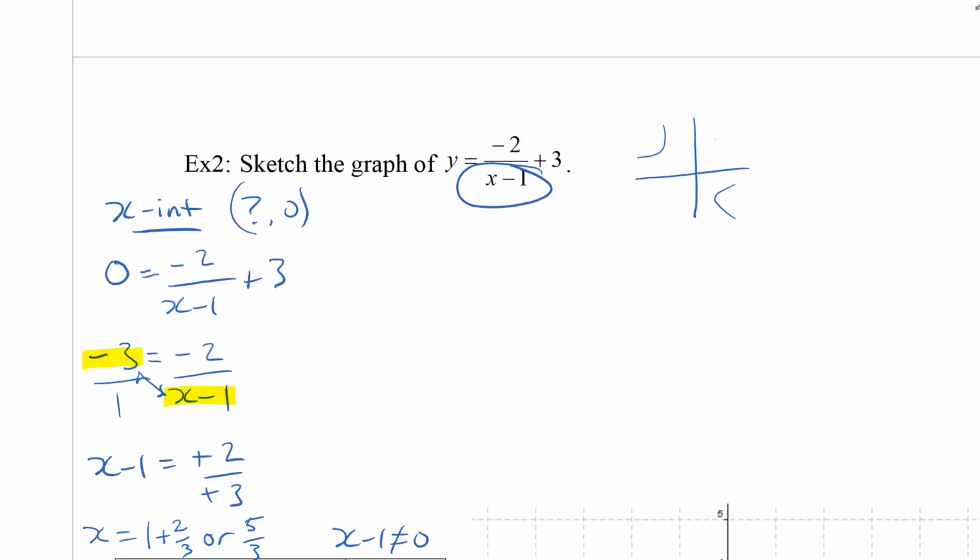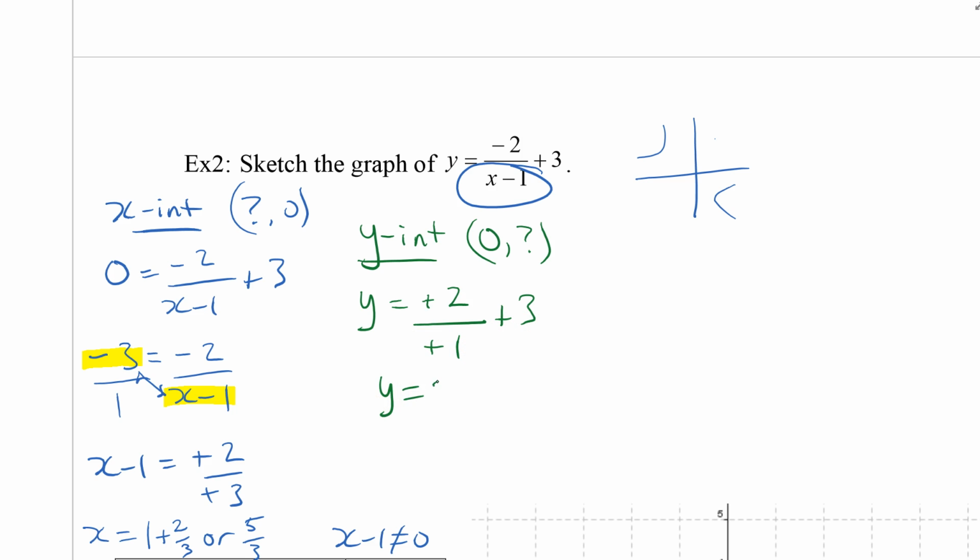My y-intercept. So I'll say my y-intercept. What is y-intercept? It is when my x is 0, what's my y value? So my y is going to be equal to -2 divided by, now again I'll just replace that x with a 0, so I'll say over -1 plus 3. -2 over -1 is the same thing as +2 over 1, so that's 2 plus 3, so y is equal to 5.